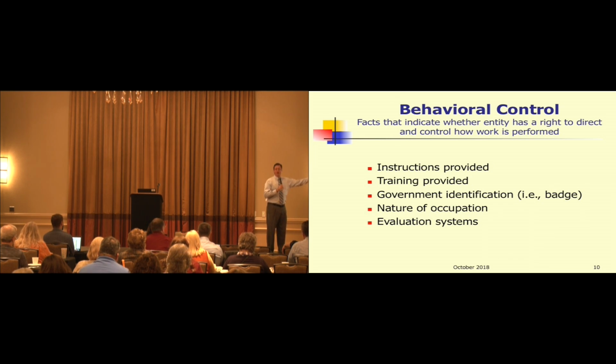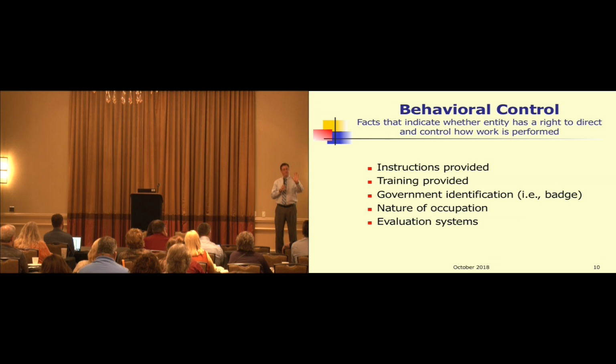Training provided? Not really sure what kind of training you would provide, but did they have the right to provide the training? Do they have the right to tell her, no, we want you to use this cleaning solution? Yeah, because they're the ones that provided it. Now, a true independent contractor that would be a janitor would do what?